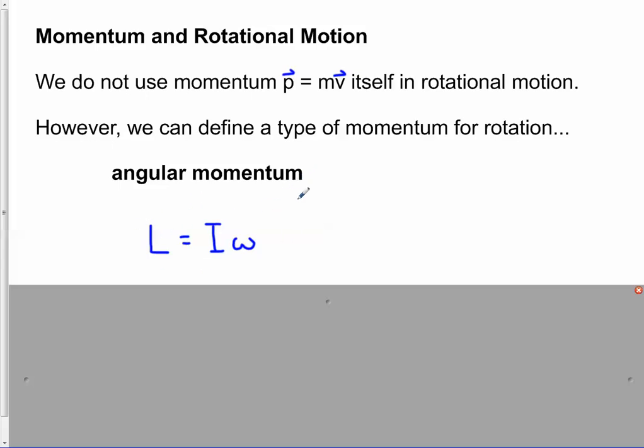Now we don't have to when we just have an object that's rotating around an axis, because remember, when an object rotates around an axis, it's akin to a 1D situation, because there's only two directions you can go, clockwise and counterclockwise, plus or minus. So you don't have to have vectors for that. But when you're talking about full-blown 3D spatial relationships, it does turn out to be useful to talk about angular momentum as a vector.